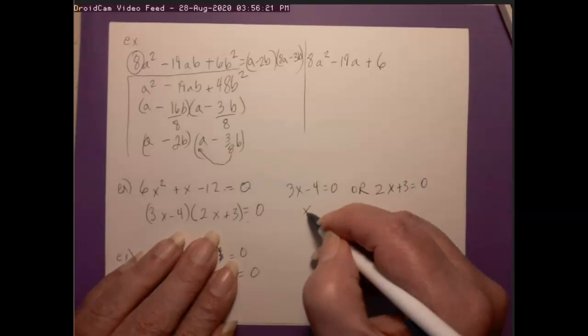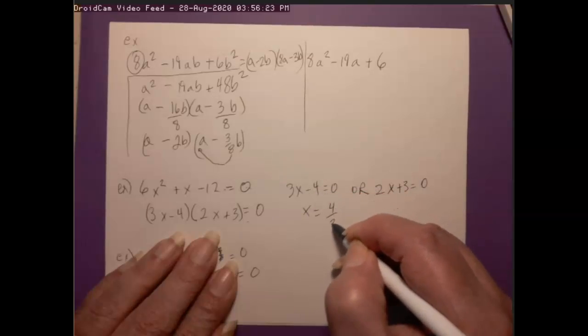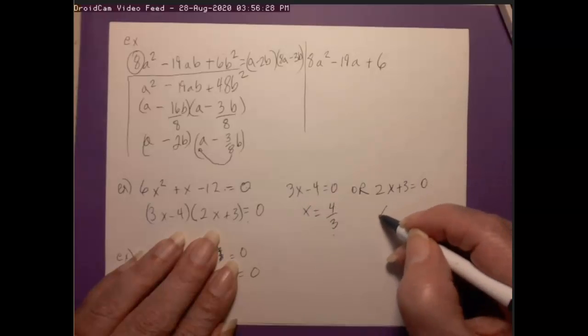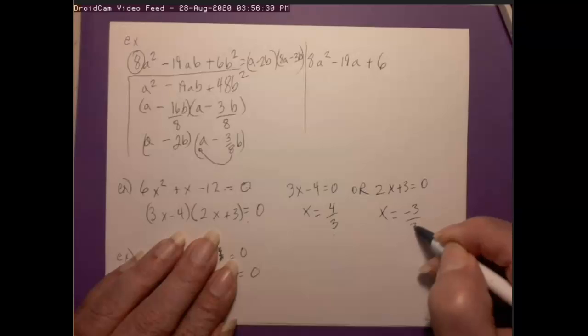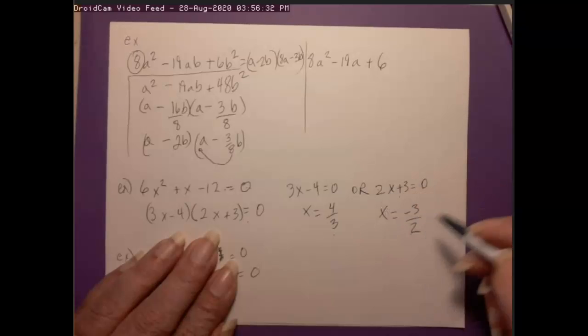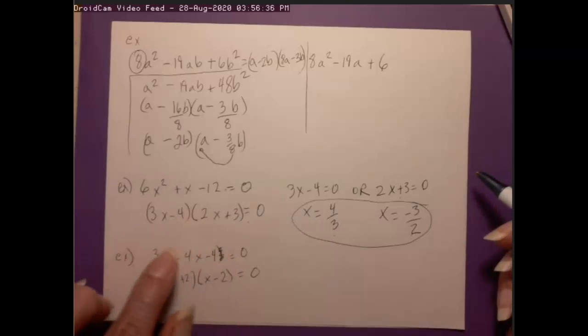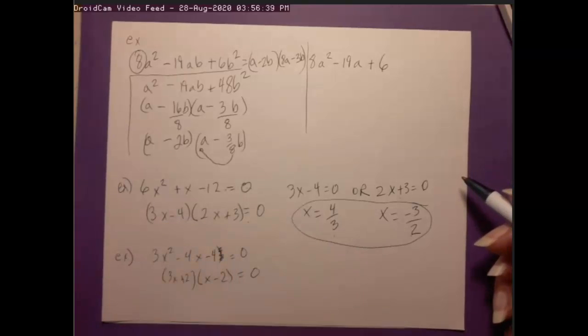So this gives me x is equal to, add 4, divide by 3. In one step is fine. x is equal to minus 3 over 2. Subtract 3, divide by 2. So these would be my two x's if I was looking to solve this by factoring.